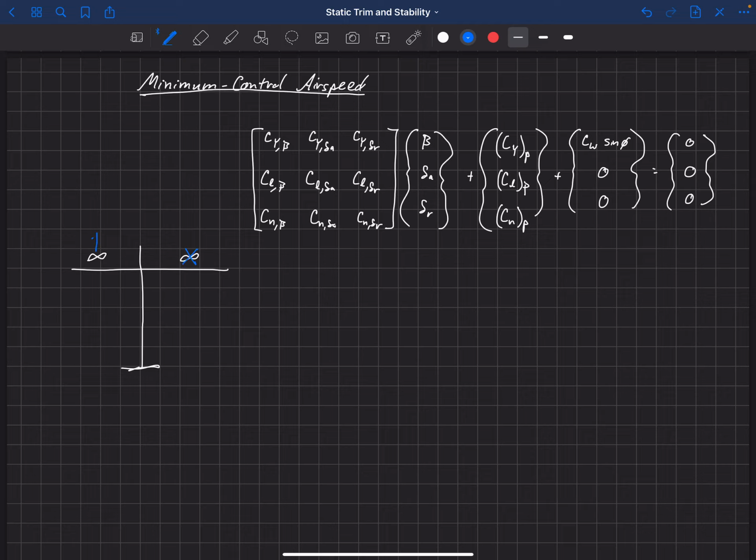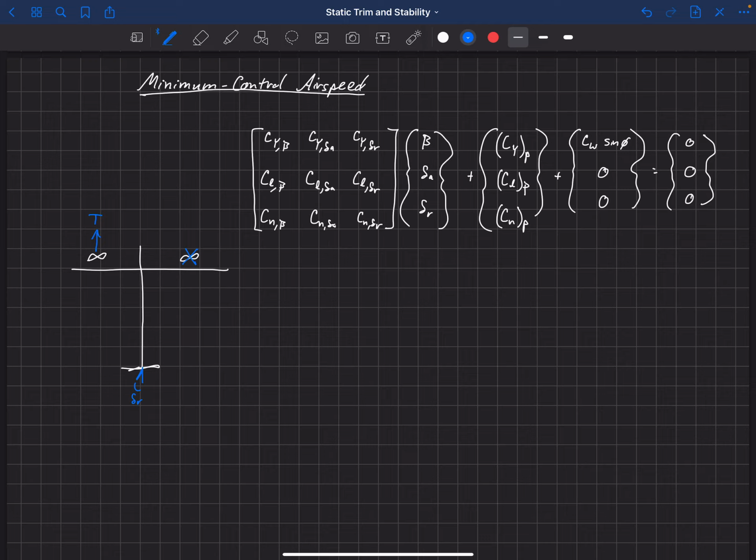Then I've got to offset the entire drag of the aircraft basically by using thrust on the left engine. In order to do that, I'm going to have to use some rudder deflection back here, so we'll call that delta R, to offset that, and we're also going to need to use some ailerons to trim this out.